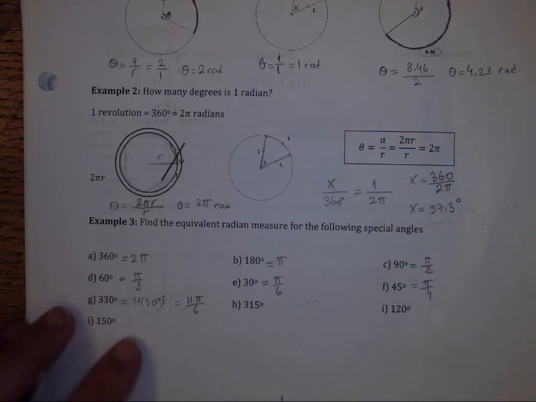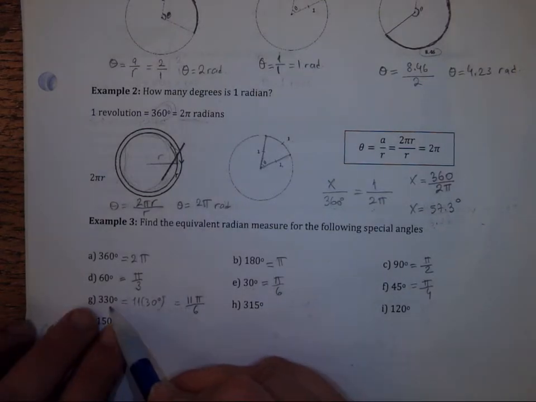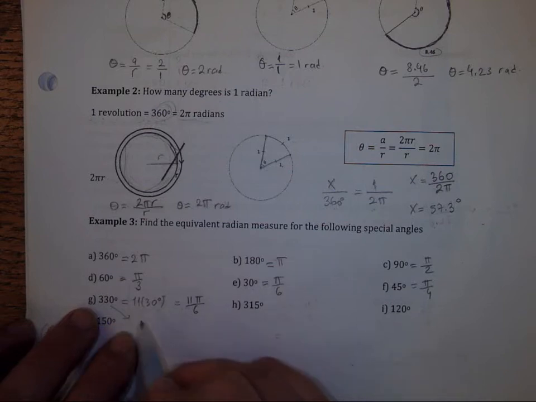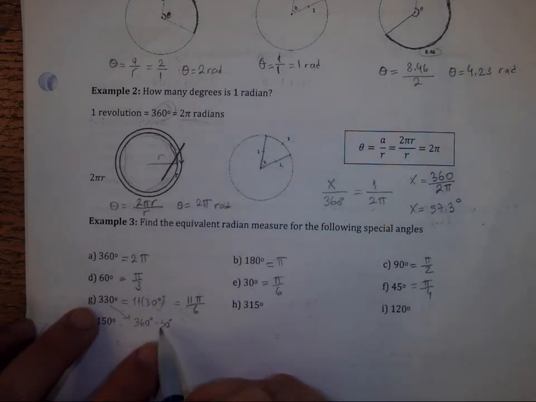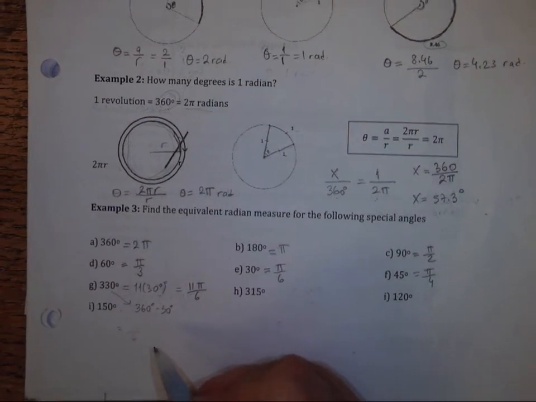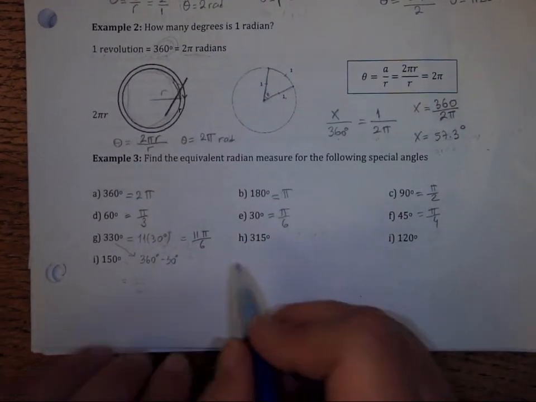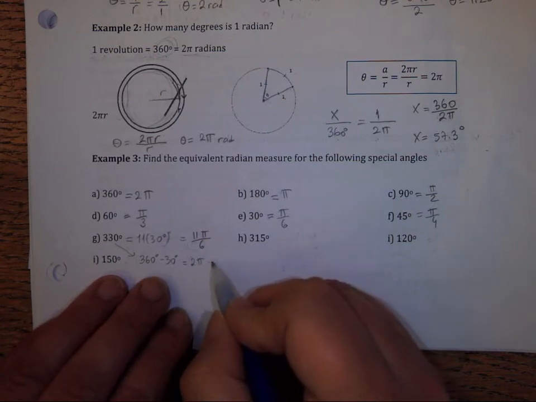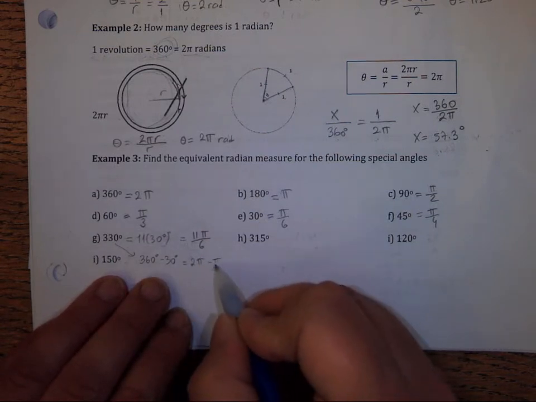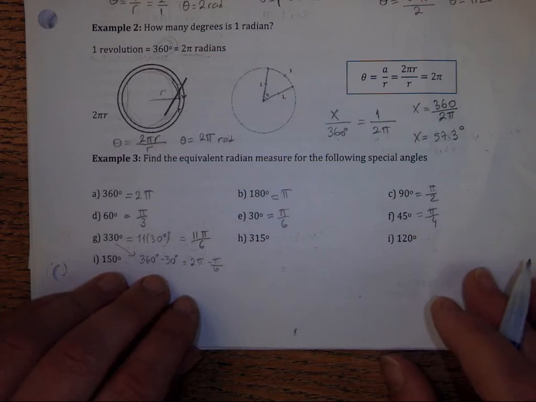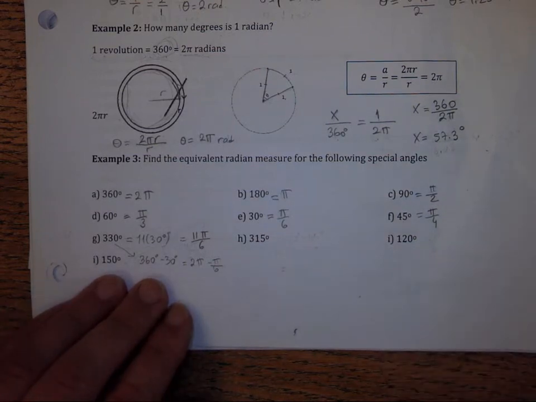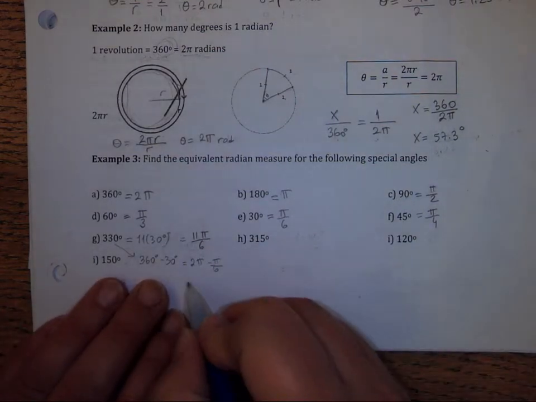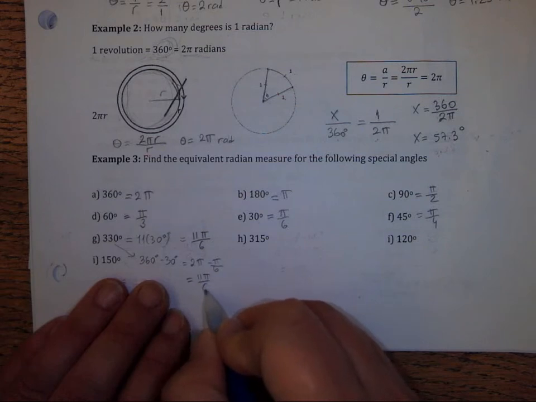Second way of doing it: we can write 330 as 360 minus 30 degrees, correct? We know 360 is 2 pi and 30 is pi over 6, so you can use a common denominator. That would also give you 11 pi over 6.